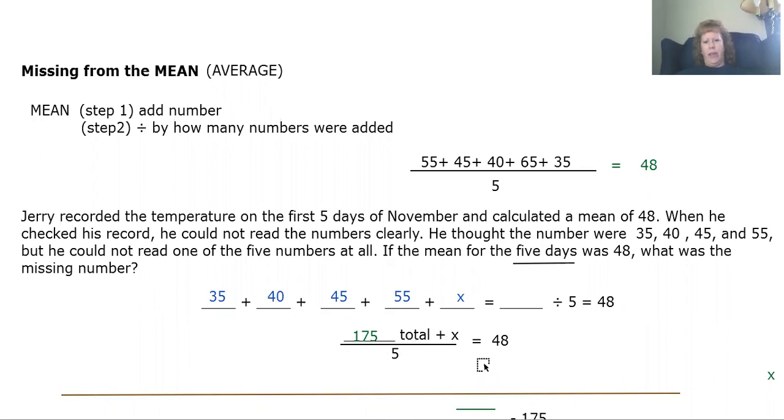So we're going to do the opposite of the order of operations. So instead of dividing by 5, if we multiplied by 5, 48 times 5 is 240.